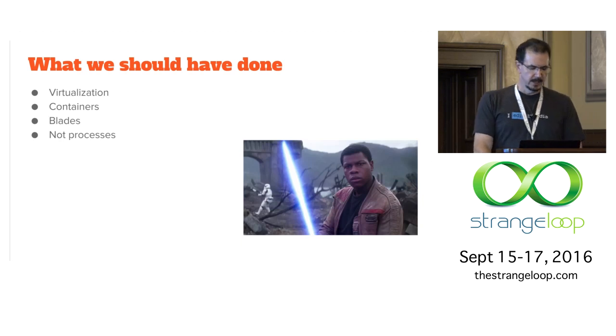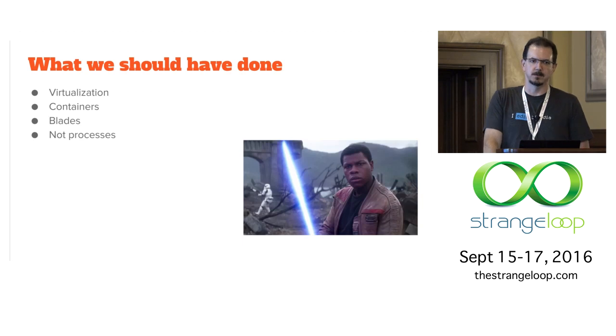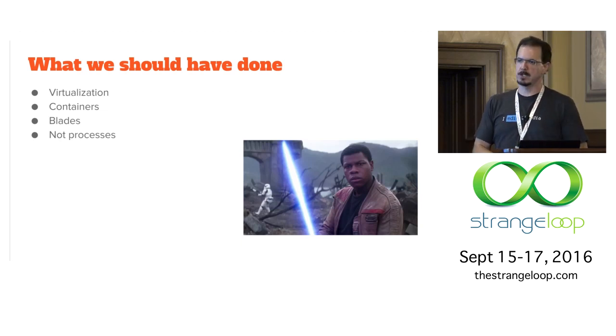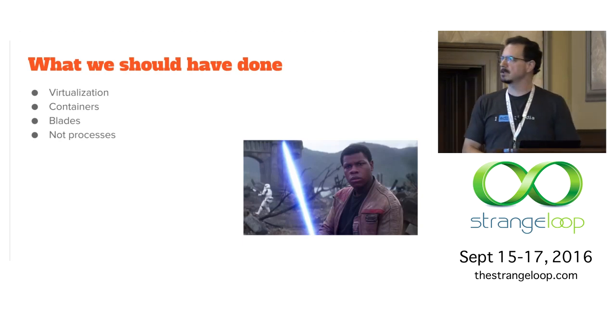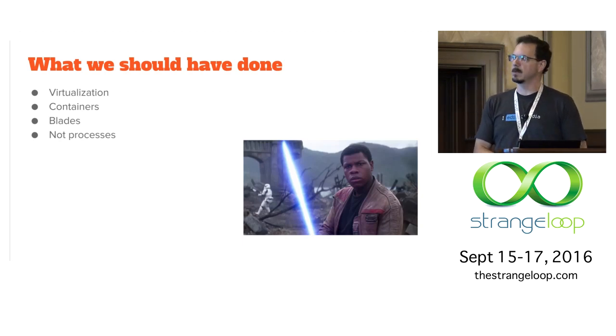What I wish we'd have done instead is used any one of the standard, commonplace abstractions that people use for carving up hardware these days: virtualization, containers, or we could have even just bought blades. If you're worried about the number of machines and the size of them, the data center occupancy issue, then maybe blades would have been a good option.